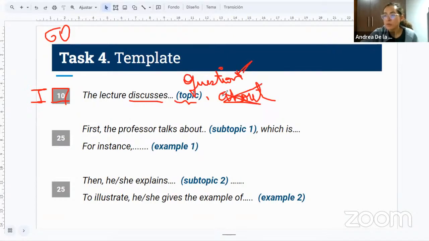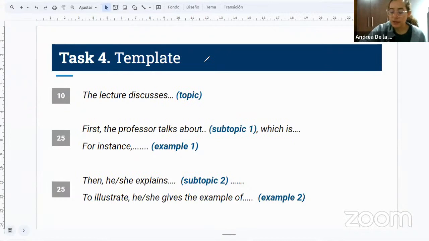The lecture discusses this idea, discusses that problem, discusses quality, discusses the template, whatever it is, but you don't need the word about. And it's the same with these verbs: explain, mention, describe. You don't have to say explain about. The professor explains features, explains quality. Okay, so careful with that. That's your introduction, the first 10 seconds of the response time.